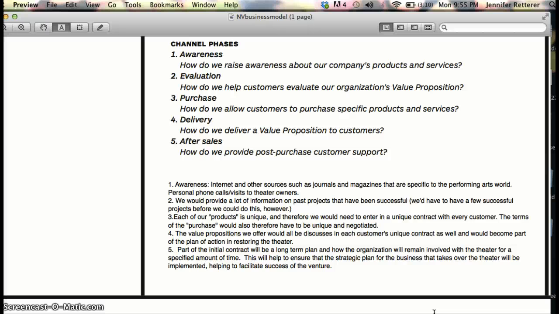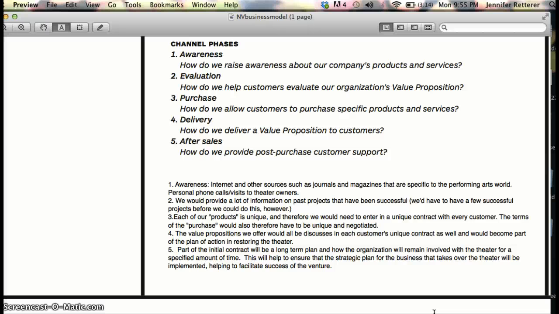For delivery, I think we would discuss the unique contract, and then we would have to figure out how our value propositions would be part of the plan of action in restoring the theater.